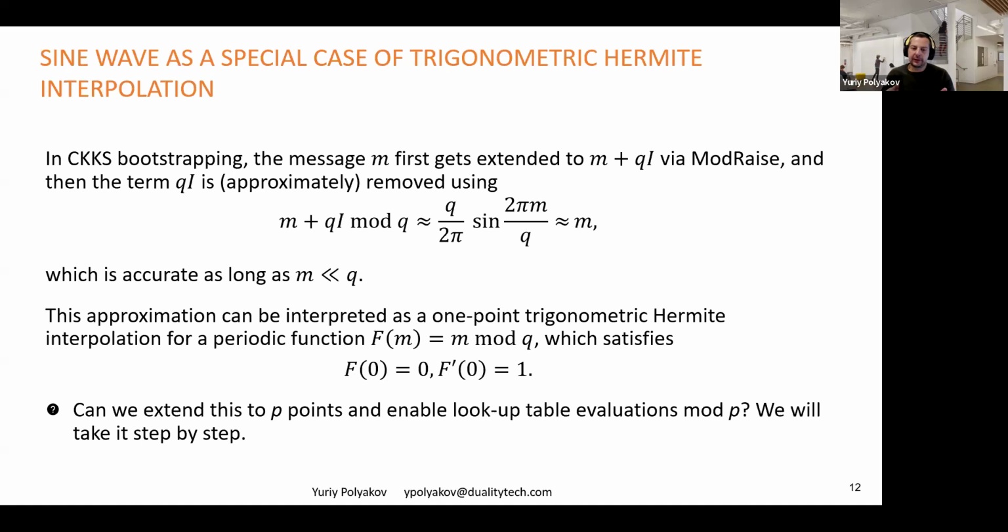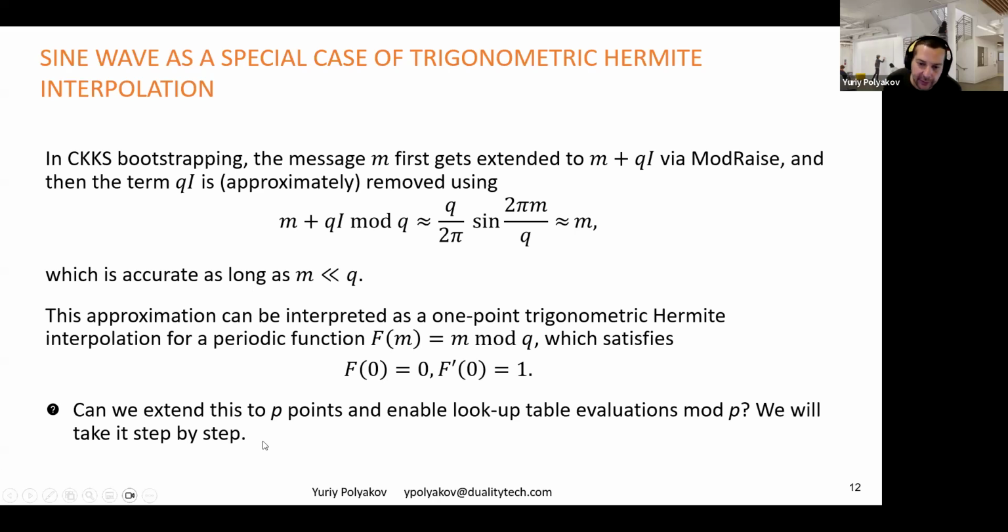In that interval, we choose only one point, near 0, and then we add a Hermite constraint. What makes it a Hermite interpolation is that we put special constraints on derivatives. In this case, we put a linear constraint on the derivative, so we can approximate the value close to 0 up to a certain range where the linear function works well. So we have 1-point interpolation. It has done the job for bootstrapping, but it has its own limitations, and it does not give us the ability to evaluate a function.